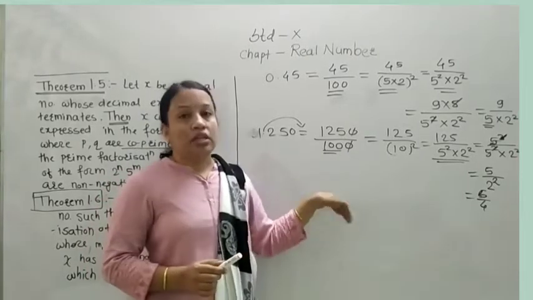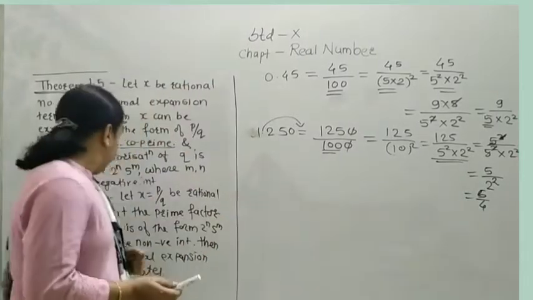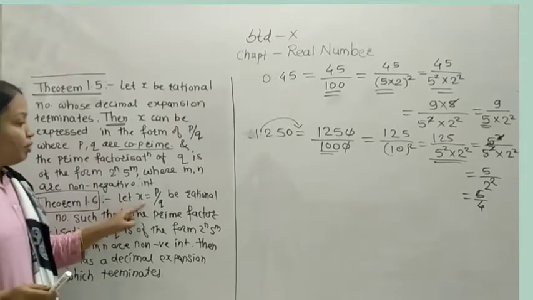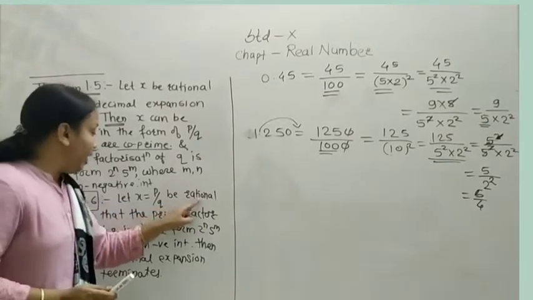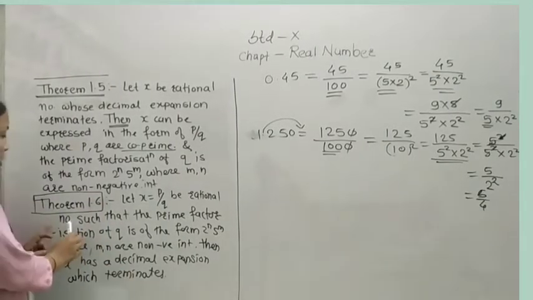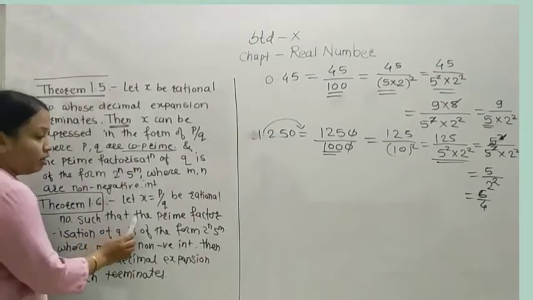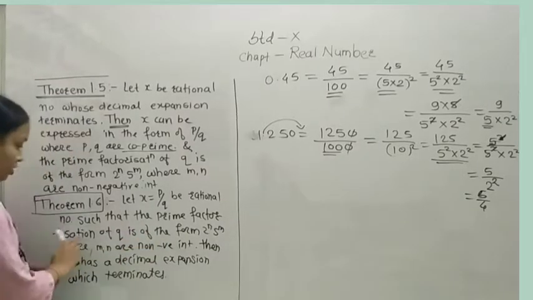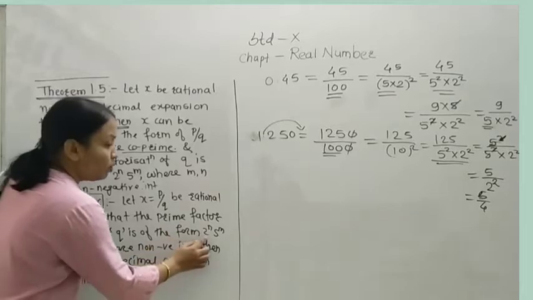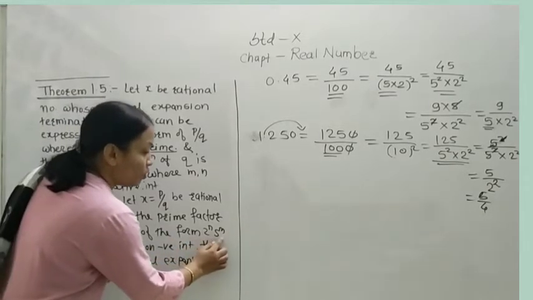Okay, now let's see another theorem. Theorem number 1.6. Let x = P by Q be a rational number, such that the prime factorization of Q is of the form 2 raised to power n and 5 raised to power m.